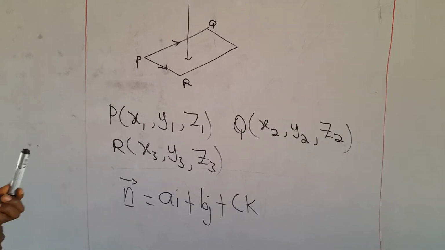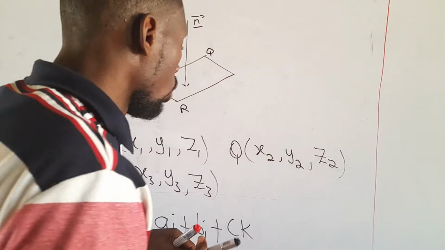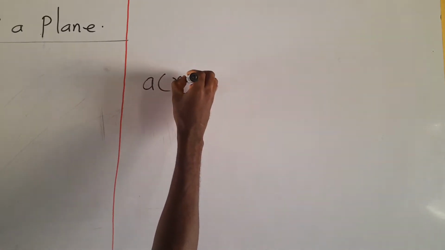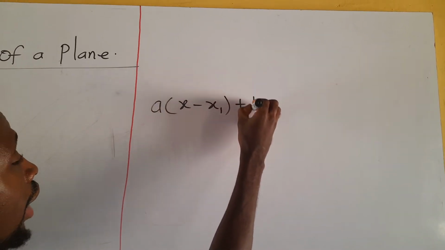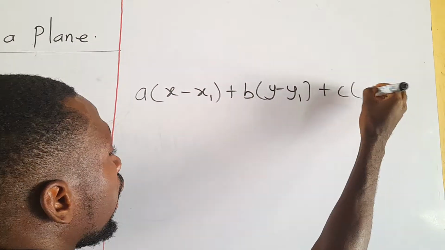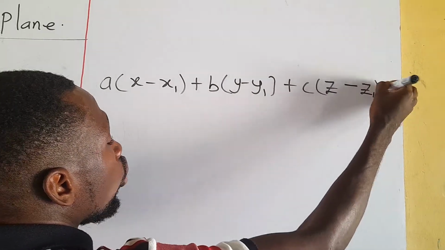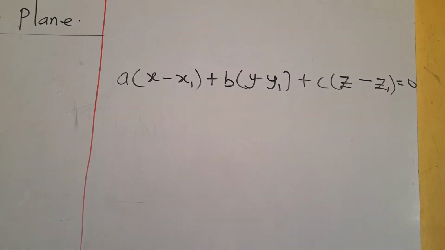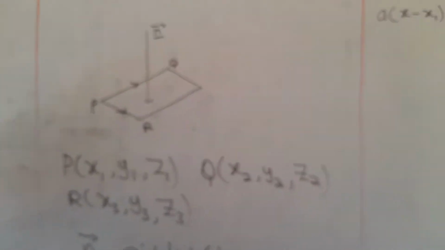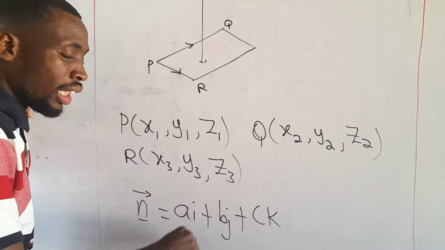Then we can say that the vector equation of this plane will be given as a(x minus x1) plus b(y minus y1) plus c(z minus z1) equal to 0, where a, b, and c are the coefficients of the unit vectors of the normal vector.